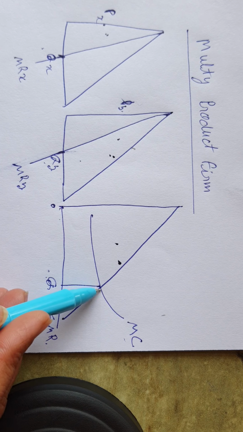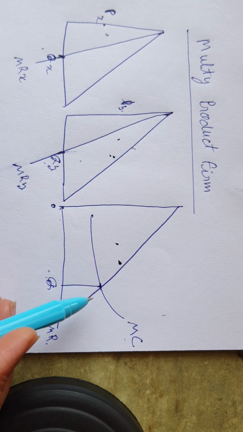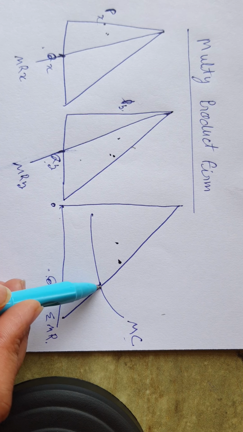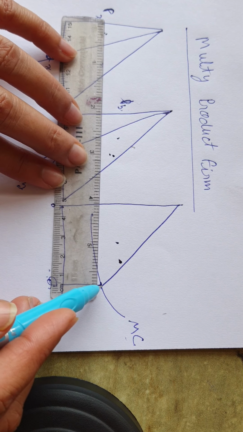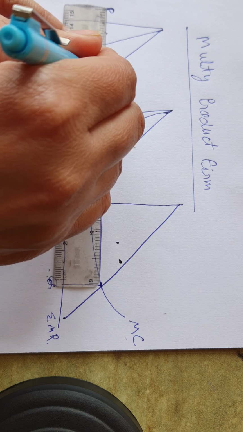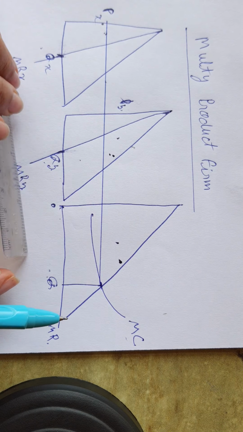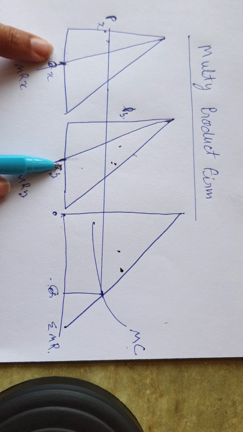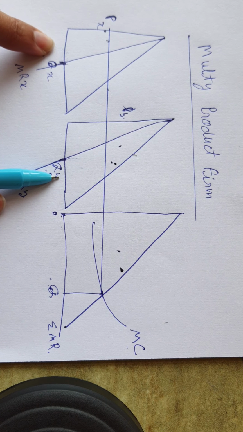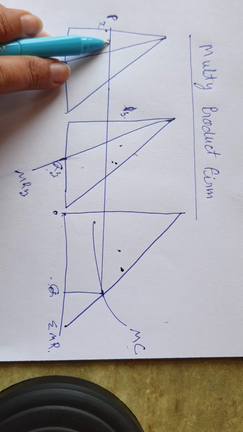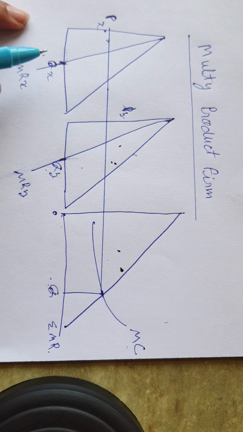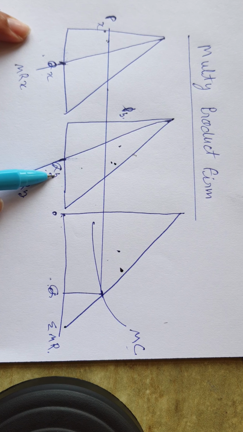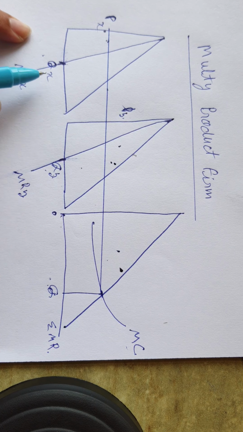This is the point where marginal cost and marginal revenue, I mean total marginal revenue, both are equal. So we will draw a straight line like this. We are equalizing the marginal revenue of X and marginal revenue of Y here. This line will help us to find out that point where marginal revenue of X is equal to marginal revenue of Y, and we have got those points.